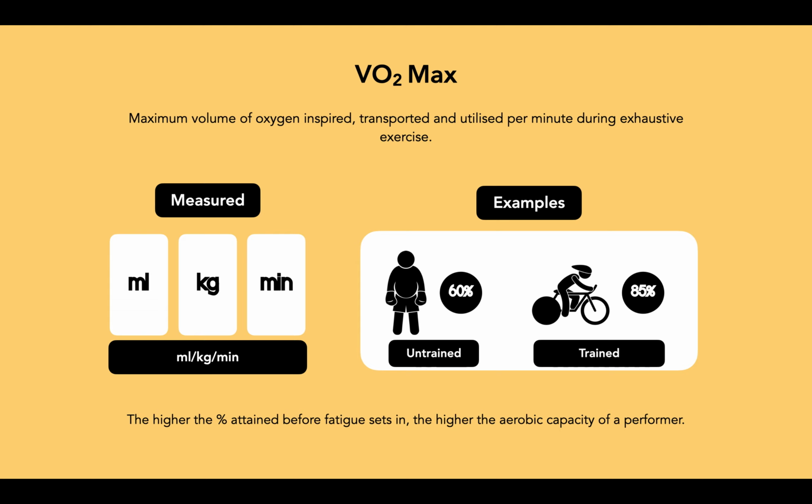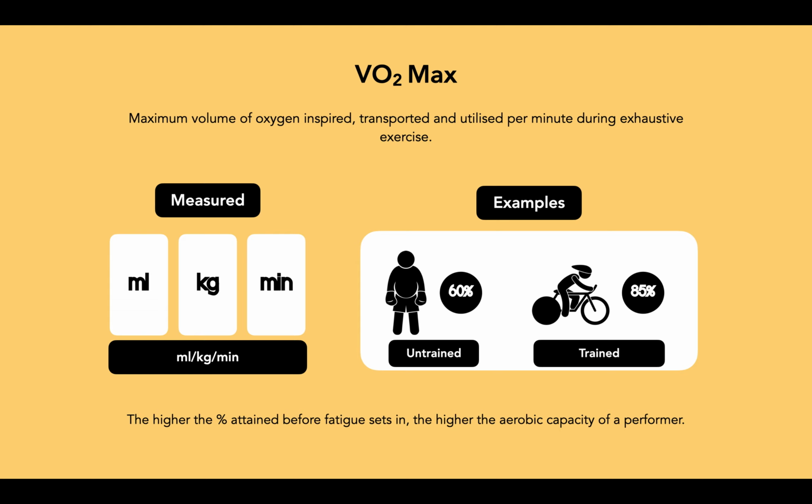So there's a huge difference there of about 25, possibly 30% of the maximum you can get, the more you can utilize. So the higher that percentage, the higher the aerobic capacity of a performer, and that's how you can link VO2 max to aerobic capacity.